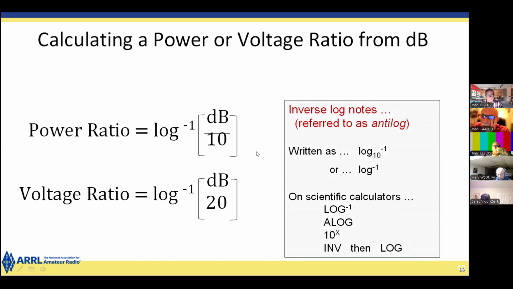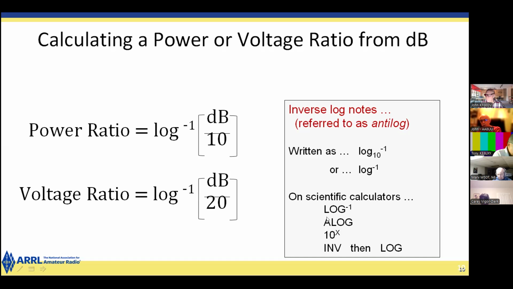Inverse log is referred to as either log to the base 10 minus 1, or log to the minus 1. Yeah, some texts use the capital log instead. Sorry, let me try to get these screens straightened out here a little bit. On scientific, oh, we did that, huh?